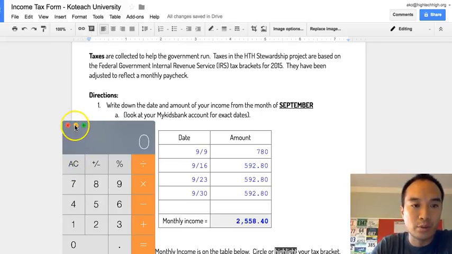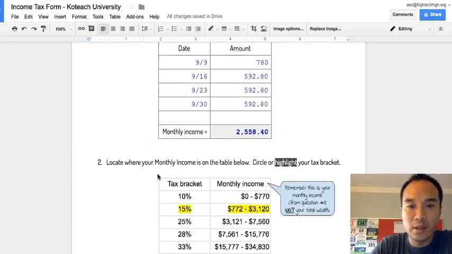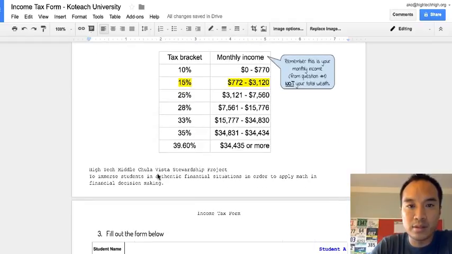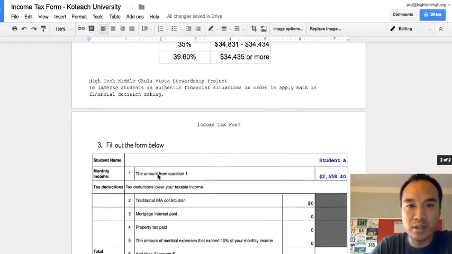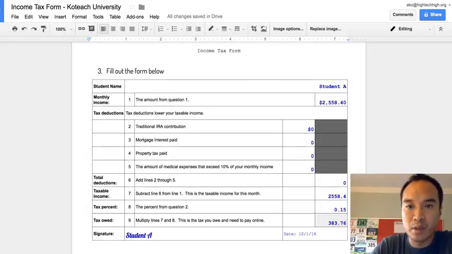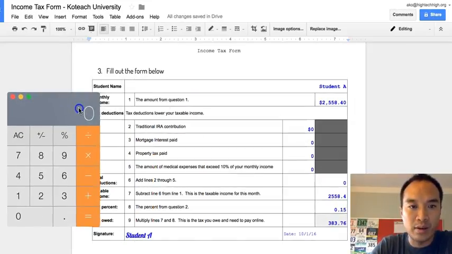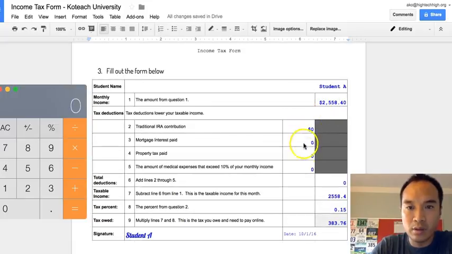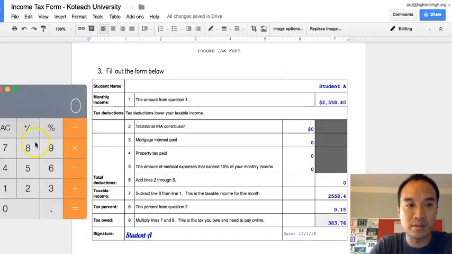All right, so we'll go back here. The tax person will go through that, 15%, yep. And then here we go, the tax form. The student did not make any deductions, so we're going to verify that this number times 0.15 is in fact 383.76.